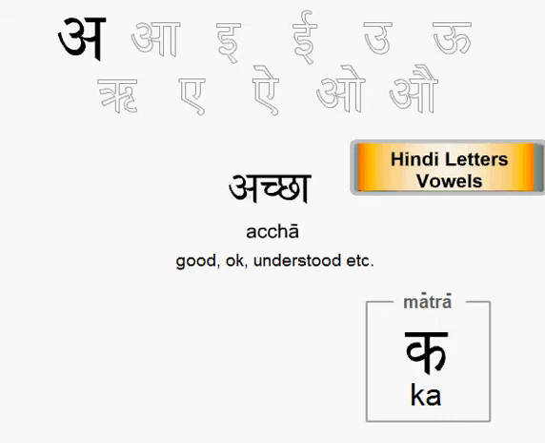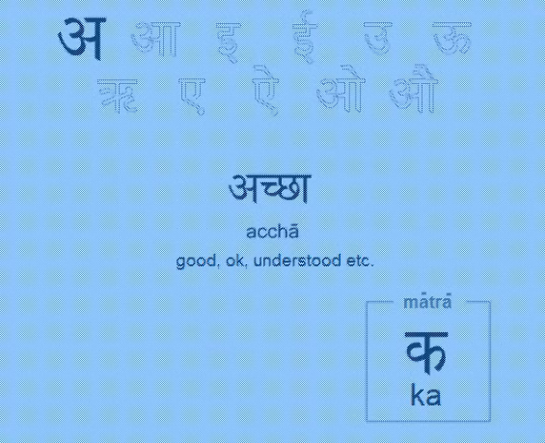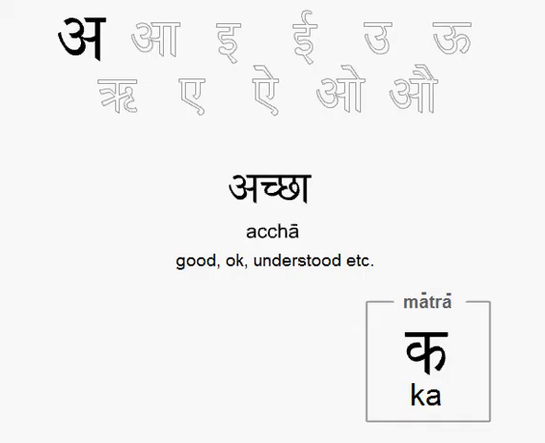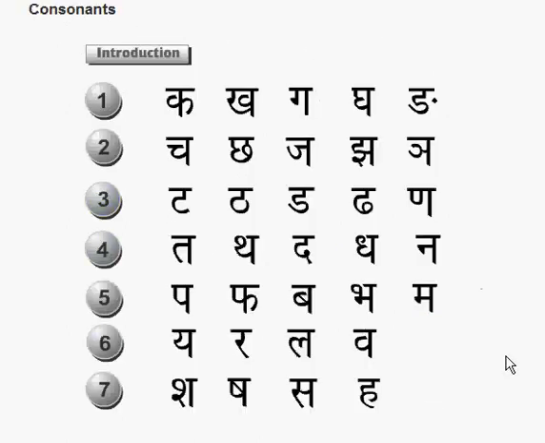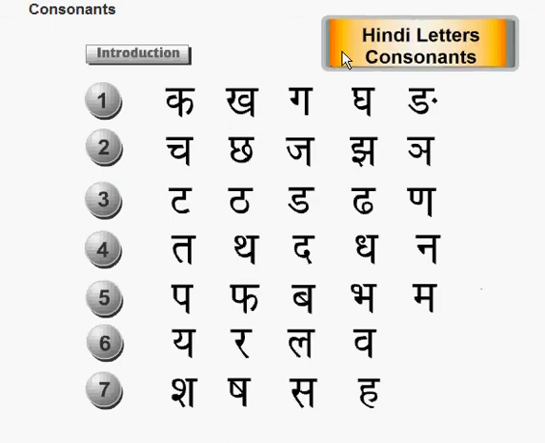Okay, now that we have covered this default a, let's quickly look at what the consonants look like. And we have here the consonants. Here are all the consonants of the Hindi language. And what we're going to do is look at the first consonant, which is ka.